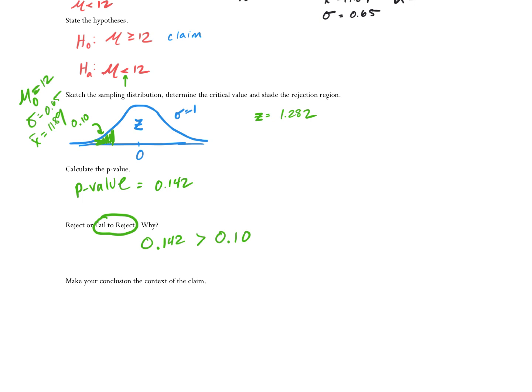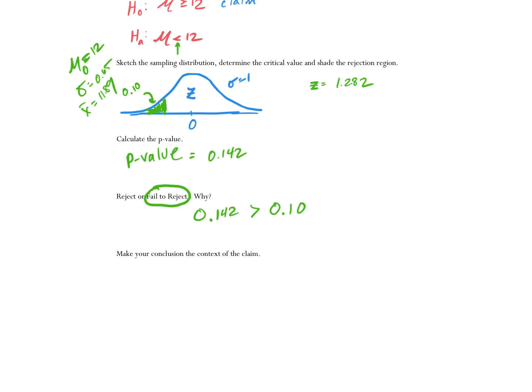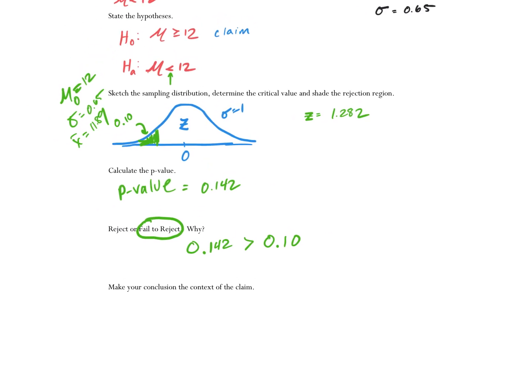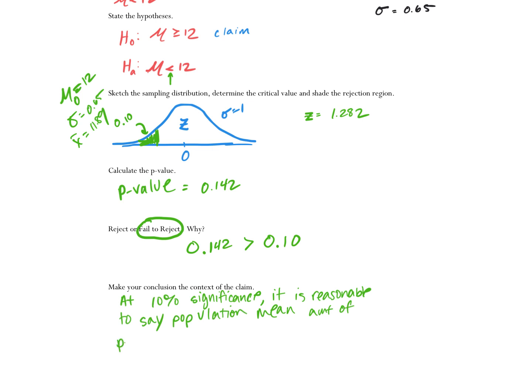So if I'm not rejecting the claim, we can say at 10% significance, it is reasonable to say that the population mean amount of Pepsi is 12 ounces.